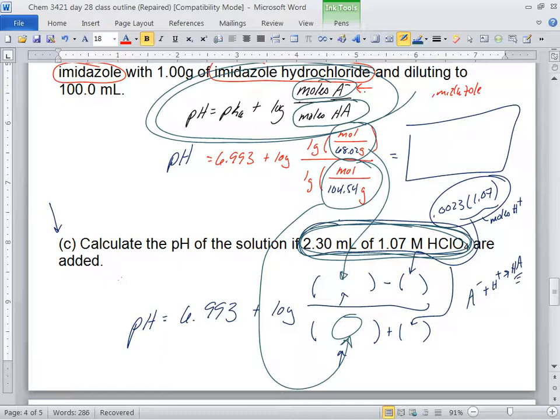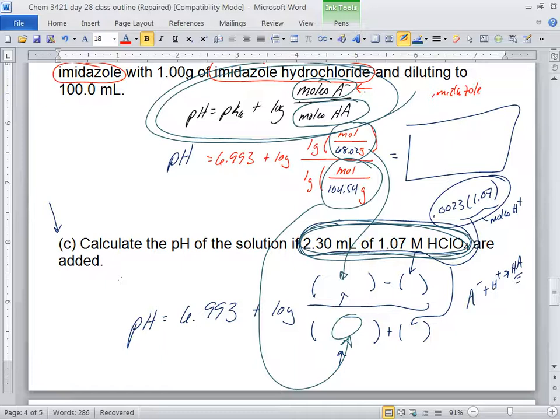So do we put the concentration of perchloric acid in? There are no concentrations here. This is moles: the moles of HA plus the moles of H plus that we added, the moles of HA that got created. Does that make sense? Yes, sir. Explain to Gloriana.